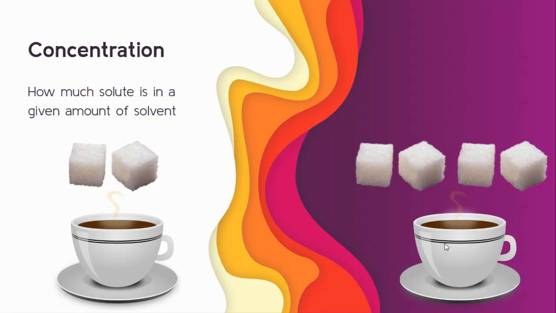In this case, the sugar is the solute. The coffee is the solvent. My friend who puts more solute into the same amount of solvent will have the more concentrated coffee.